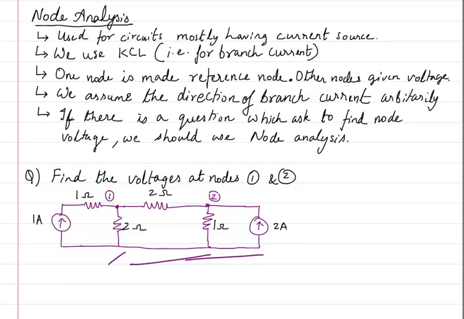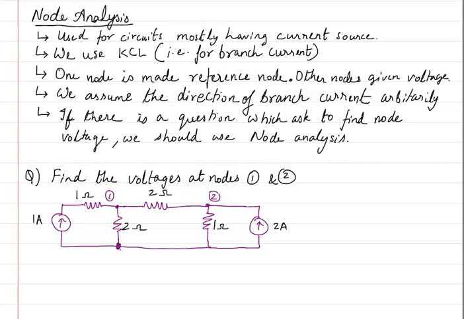Because there is no element in between these nodes. If there were an element between them, then we could have taken them as separate nodes. But here, since all of them are connected without any element in between, we can very clearly see that there is only one node that represents all of them.